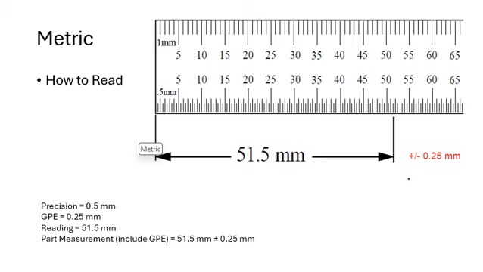So that's your reading. Your precision is 0.5 divided by 2, which gives you 0.25. Put it plus or minus, add to your reading, and the true length of the part is going to be right in there.